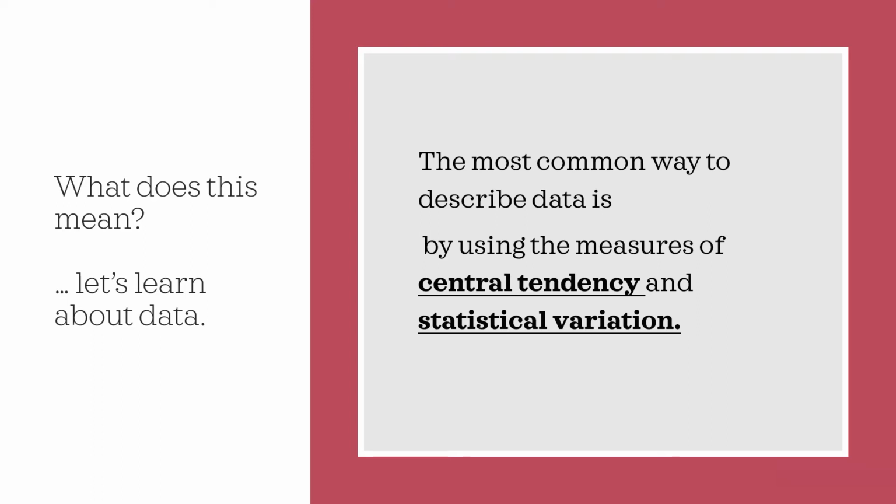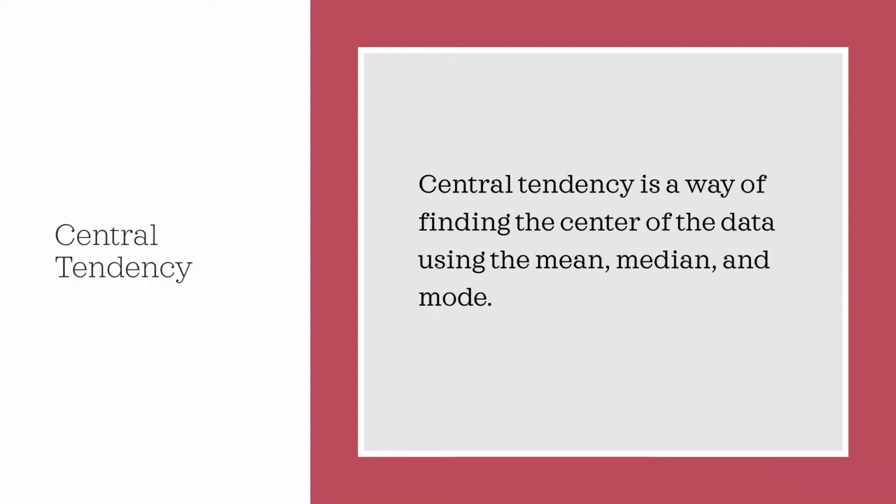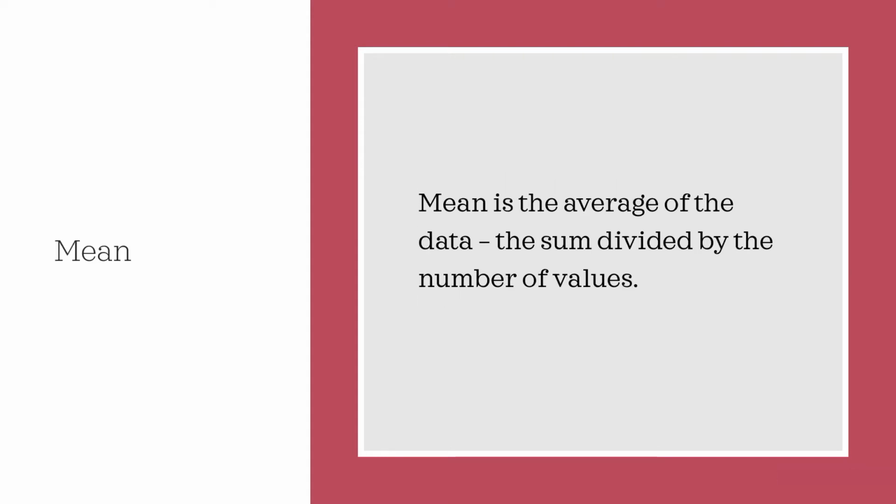So the most common way to describe data in a data set for a project is by using the measures of central tendency and variation. What does that mean? Well, let's learn about data a little bit. The central tendency is a way of finding the center of data using the mean, the median, and the mode.